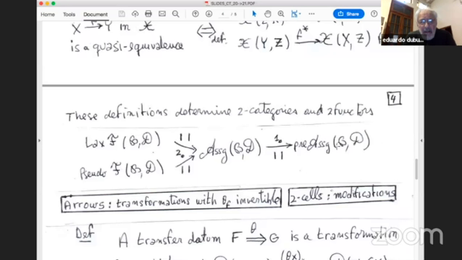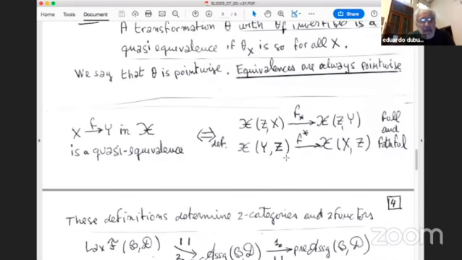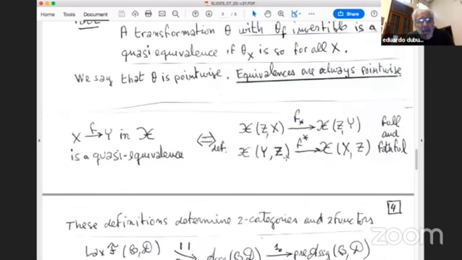Remember that the transformations are the arrows in these categories, which if we evaluate at X in B, we get an arrow in D, and this arrow is a quasi-equivalence. Then it is a quasi-equivalence in these functor categories, okay? So we call these pointwise quasi-equivalences.